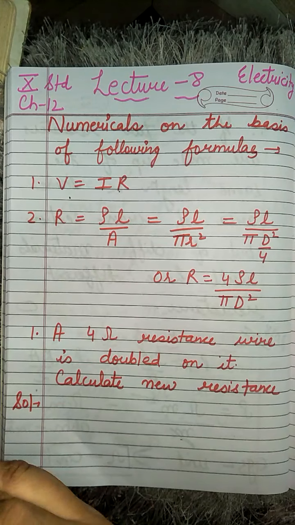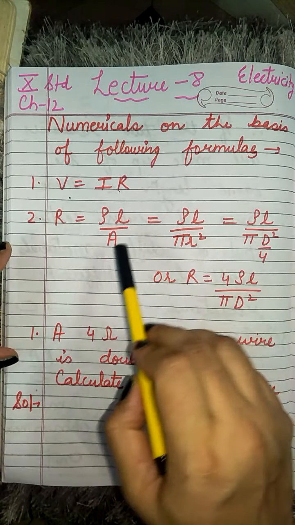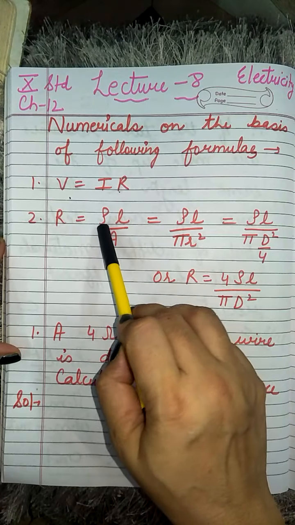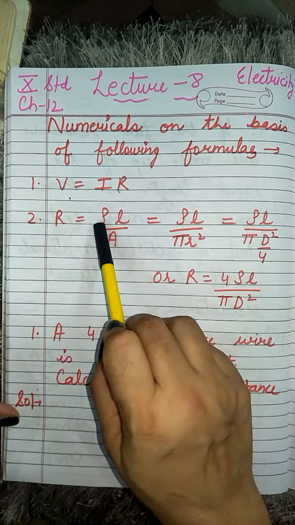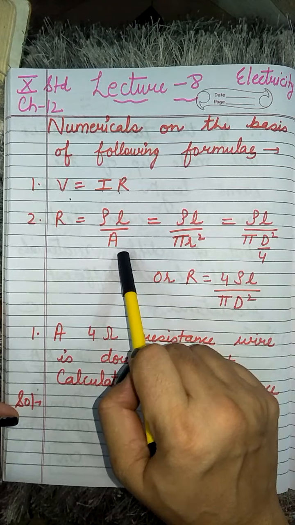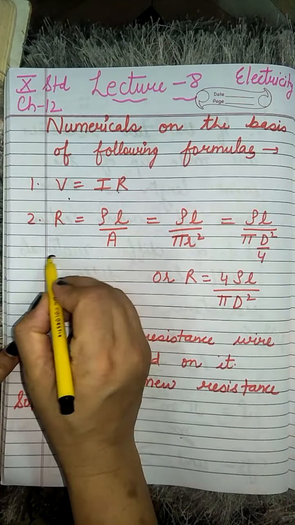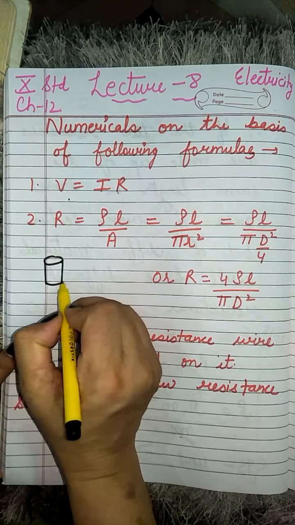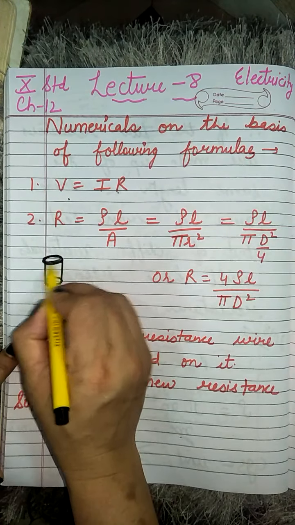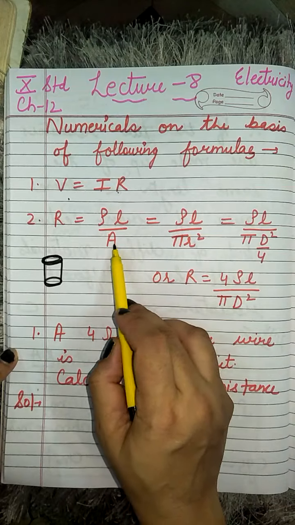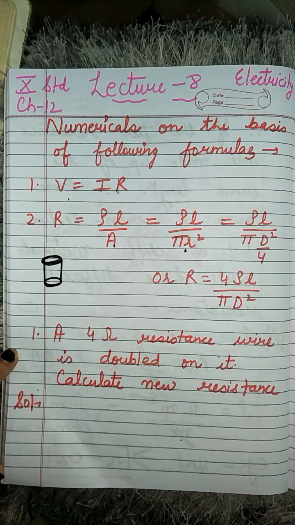Here I have shown you a little calculation, general things I have discussed. R is equal to rho L over A. A is the cross sectional area of the wire. If this is the wire, this is your cross sectional area, and this area will be equivalent to pi r square.